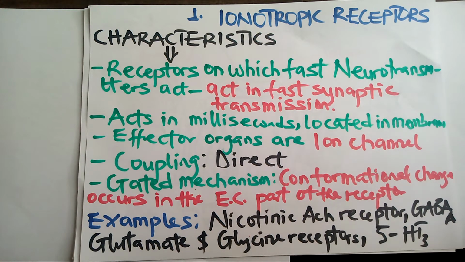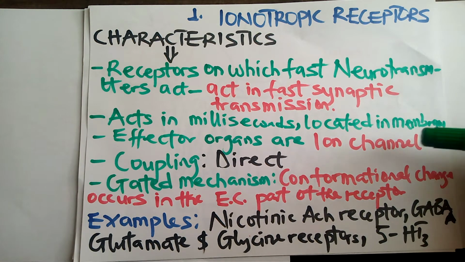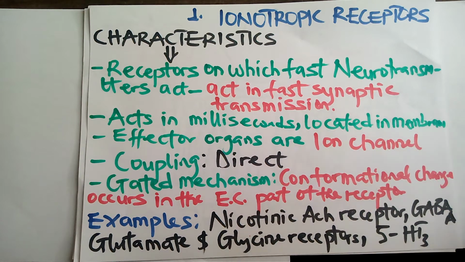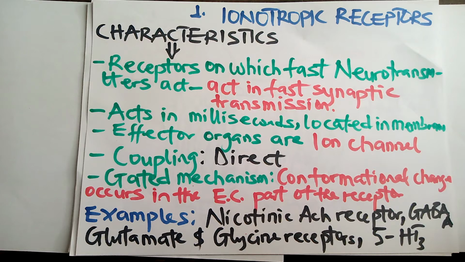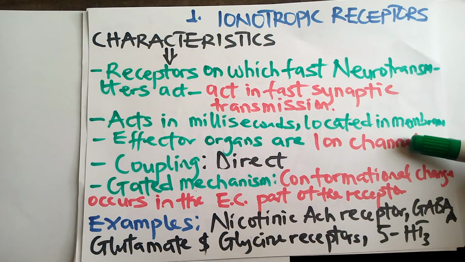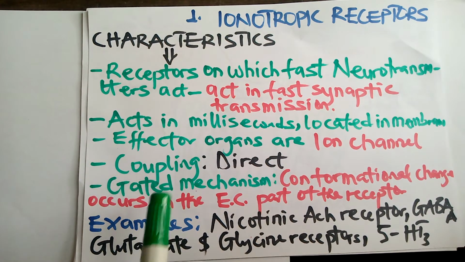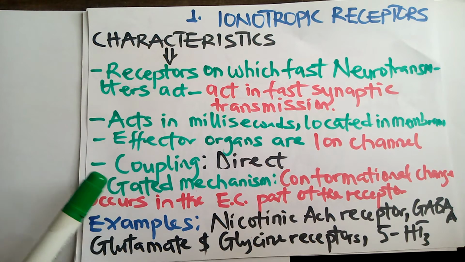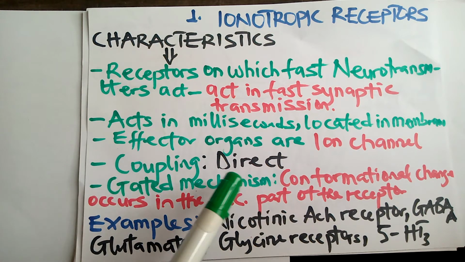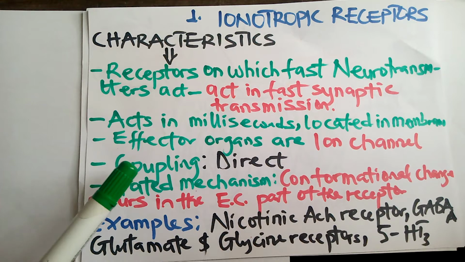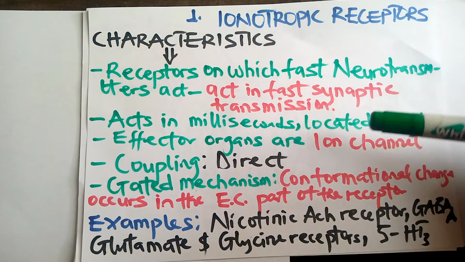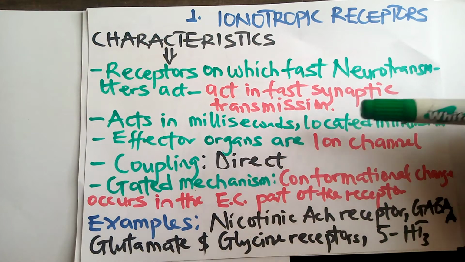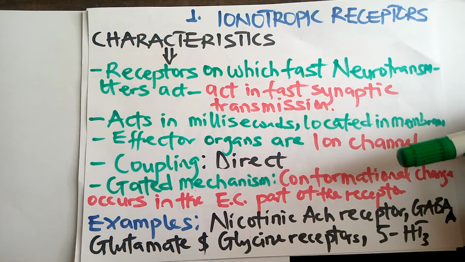They usually act on ion channels. The effector organs of ionotropic receptors are usually ion channels, and their coupling is direct. They bind to the ion channels directly. Because of this, ionotropic receptors are also called ligand-gated channels or ligand-gated receptors.